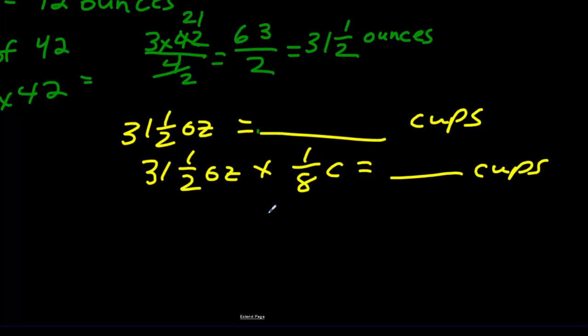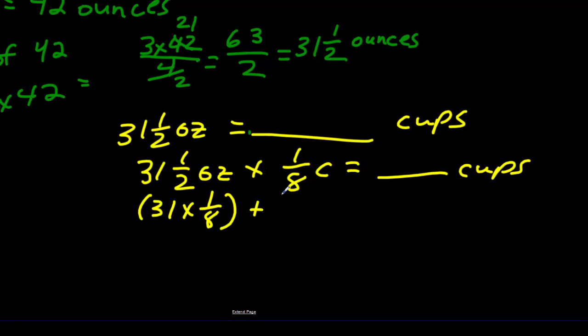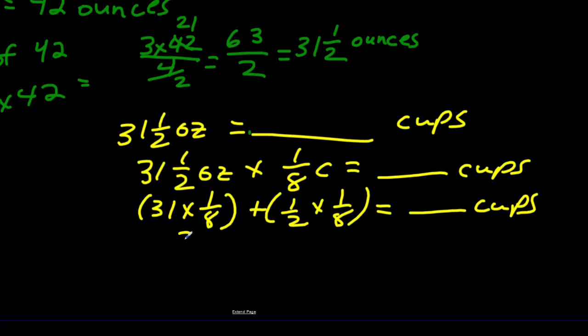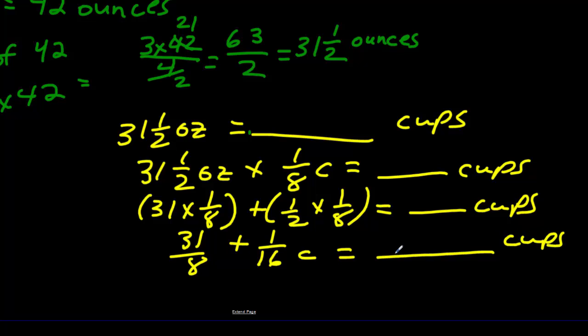Now, we could use the distributive property, 31 times 1/8, and then also multiply the 1/2 part with the 1/8, and that would equal, again, so many cups. Now we have 31 over 8, and then we're going to have plus 1/16, and again, this is going to give us our ultimate answer.